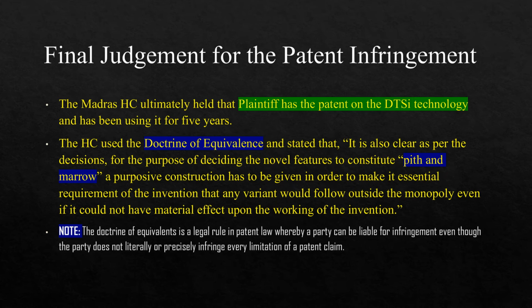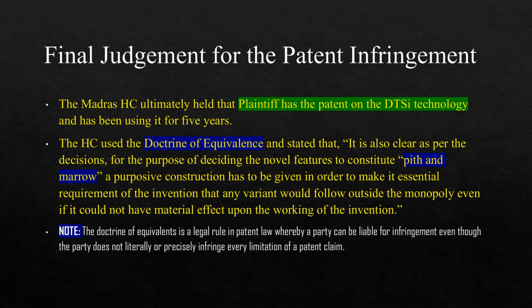Also, about the pith and marrow approach, we can say the doctrine of pith and marrow is the doctrine that has been applied in English patent law for over a century to see whether there was an infringement of a patent where the product or process or device or apparatus alleged to constitute an infringement did not exactly or precisely fall within the text of the relevant claim within the specification of a patented invention.